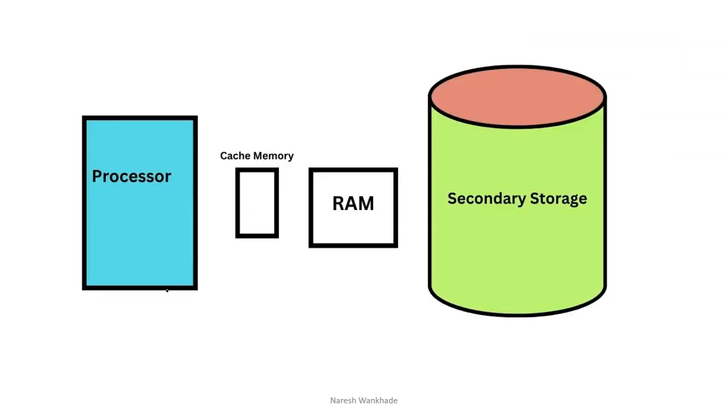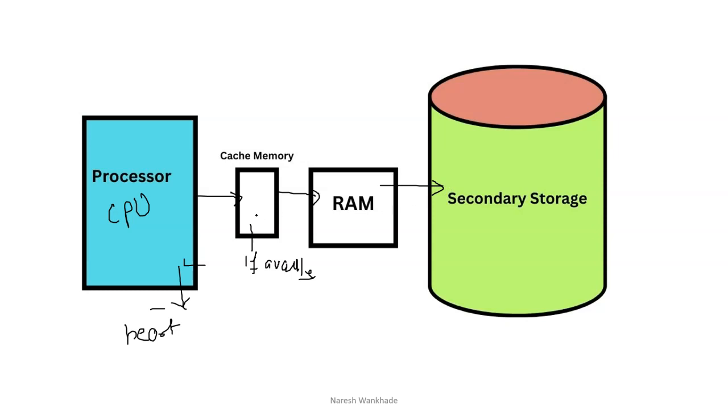As we saw in the previous lecture, the CPU is basically the heart of the computer. Means for processing purpose, this CPU is designed. CPU fetches instructions from the cache memory if available. If the instructions or the data are not available, in that case it fetches instructions from the RAM, and RAM fetches instructions or data from the secondary storage.